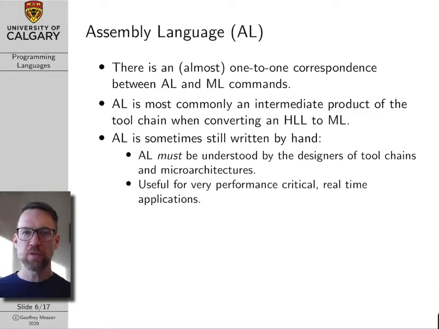And the original reason for this was back in the day, it was relatively common for humans to be able to write more efficient assembly language than could be generated automatically by a toolchain. However, these days that's not really true anymore. Most modern toolchains are pretty good at generating highly optimized assembly language, and so you don't really get much of a speed up advantage when a human tries to write assembly language from scratch.